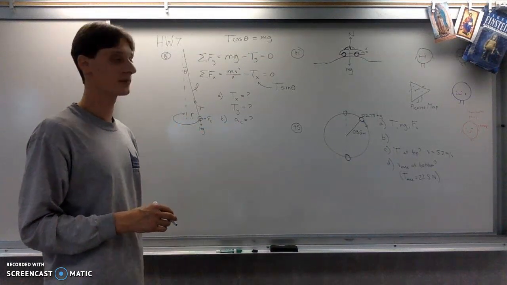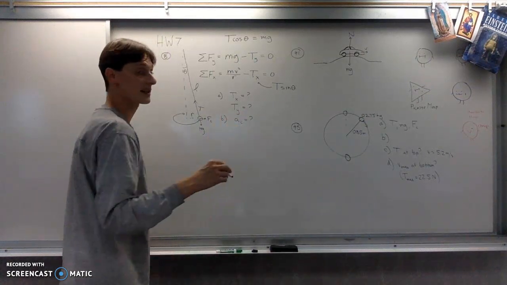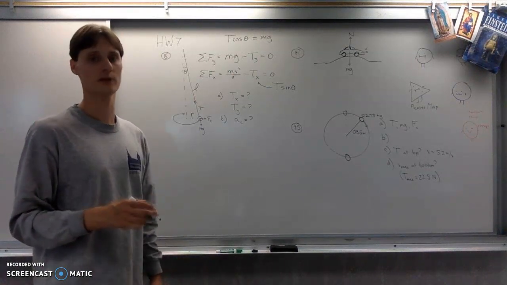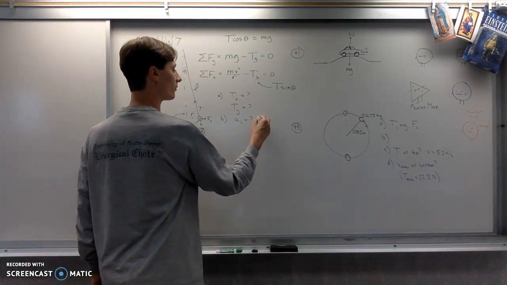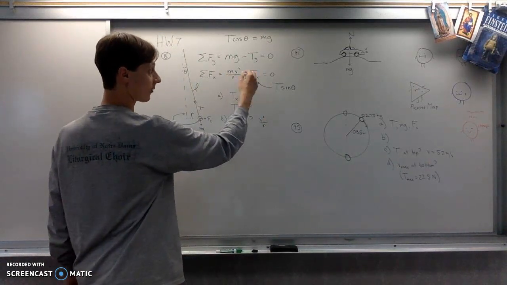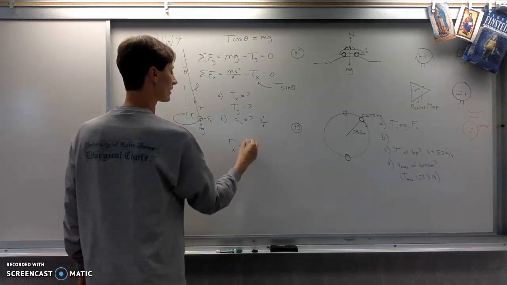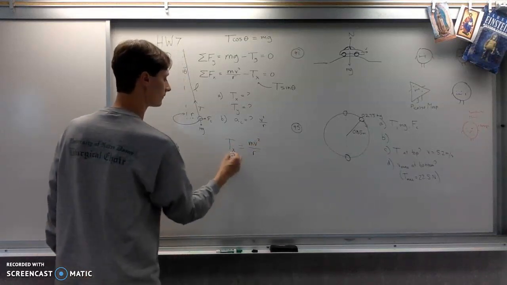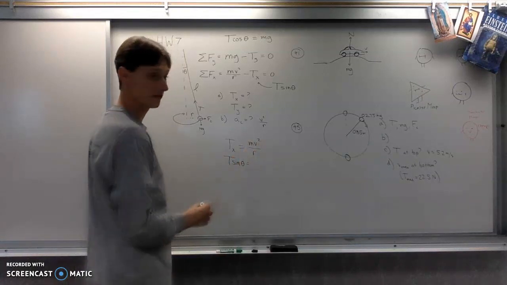Now for the centripetal acceleration. They say the radial acceleration, which is basically centripetal acceleration, just in the opposite direction. That is v squared over r. So if I look at my x equation here, I've got Tx equals mv squared over r, or T sine theta equals mv squared over r.